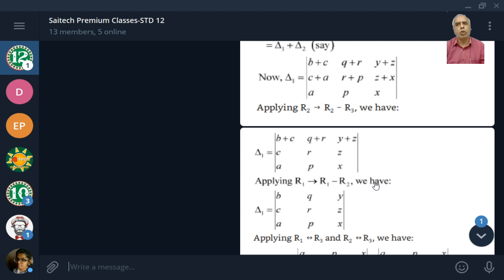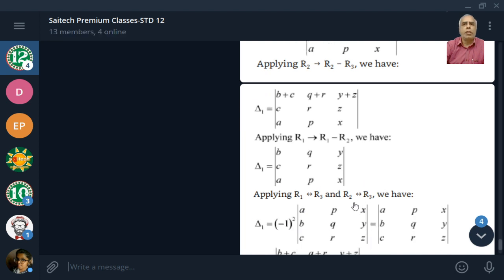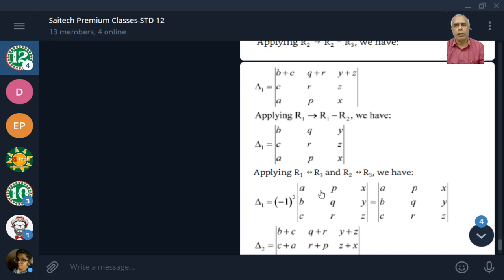Our purpose is to convert it into similar elements like this: B, Q, Y, C, R, Z, A, P, X. You can interchange two rows like R1, R3, which is allowed. So we have interchanged here.